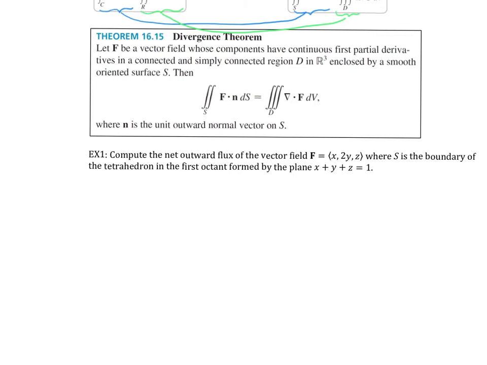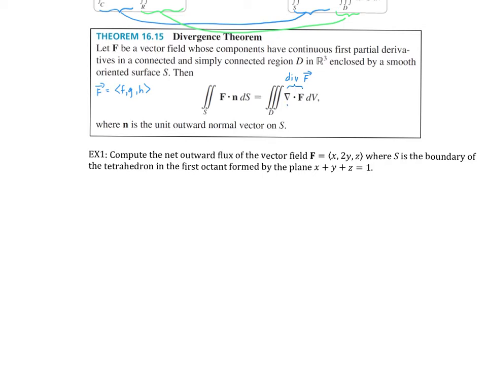Theorem 16.15 is our divergence theorem. If we have a vector field, and here our vector field F is simply a function of F, G, H, then we can look at our divergence theorem, where the dot of the del operator with our vector field is simply the divergence of our vector field.